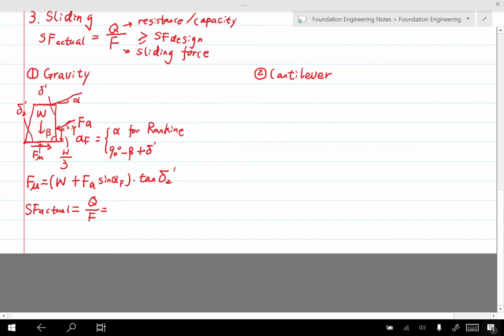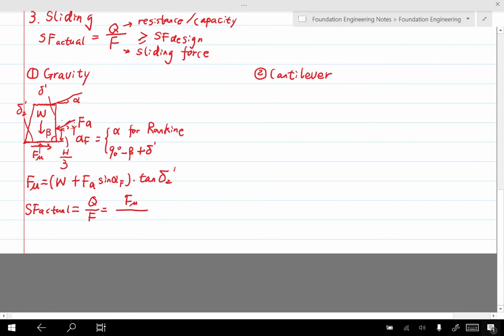And the Q in this case, that's the resisting force. That's the force that helps stabilize the system. That's the friction in this case. So friction tries to resist the leftward movement of the wall, so it tries to push the wall back to its original position to help stabilize the earth behind it. F is the force that moves the wall to the left.